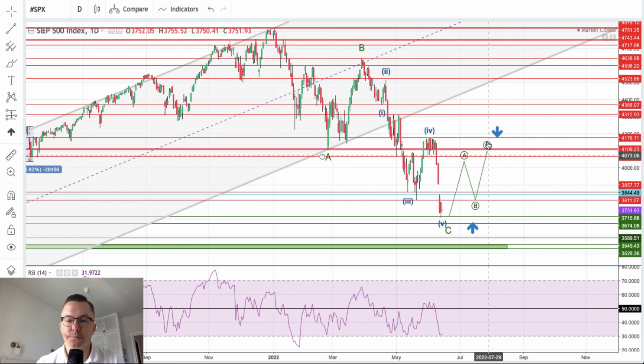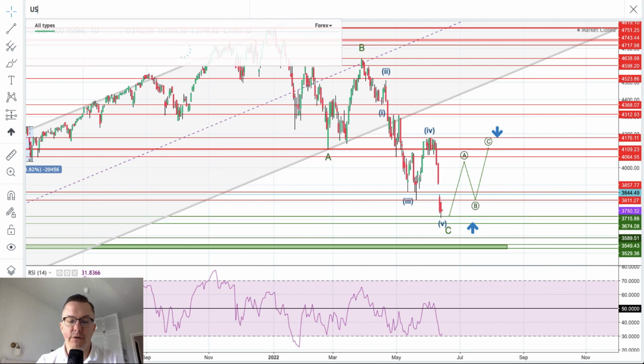This is the zone where, from the technical point of view, wave C is expected to be terminated, and of course from the Fibonacci point of view, we have to wait for at least one wave to the upside to be present on the chart to see where the other ones can go. So on the S&P 500, we are waiting for the bounce.